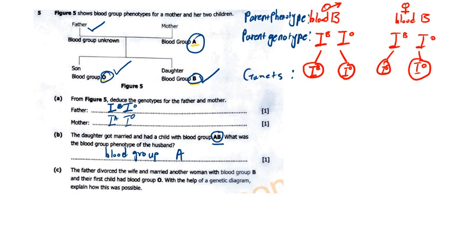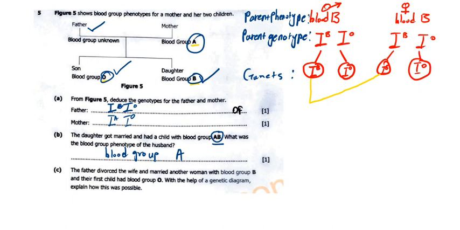Now the crossing, you have to be very careful. The crossing starts with the first one at the center, and then you go to the first one of the mother, and then you write. Now this is what we call our F1, or we can just say genotype, I mean.